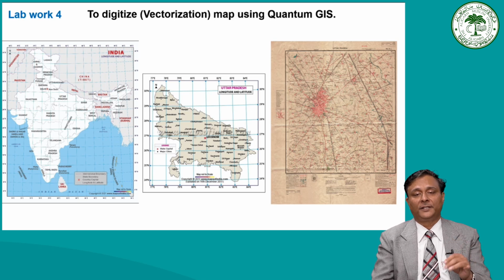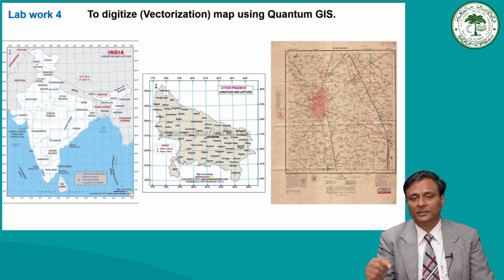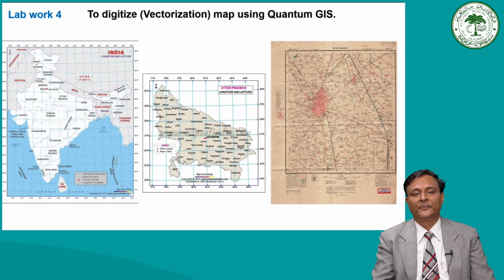For each individual point, each individual line entity or each individual polygon or area entity, we need to link it with the attribute, the value information or any characteristic which we want to represent in the spatial information in the map. That is the most important third step.